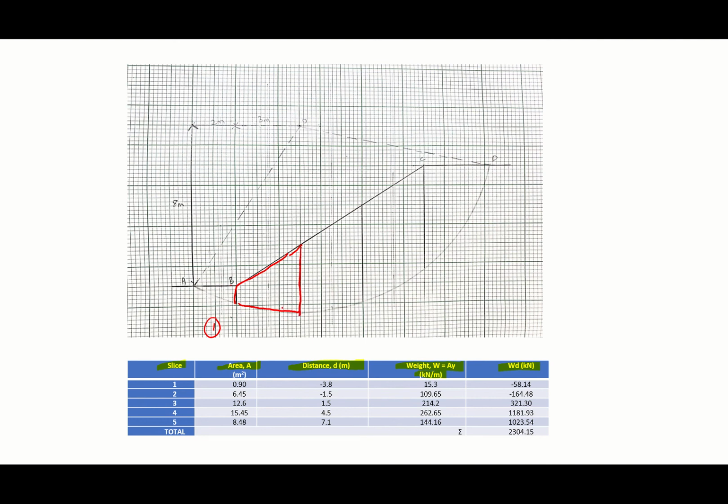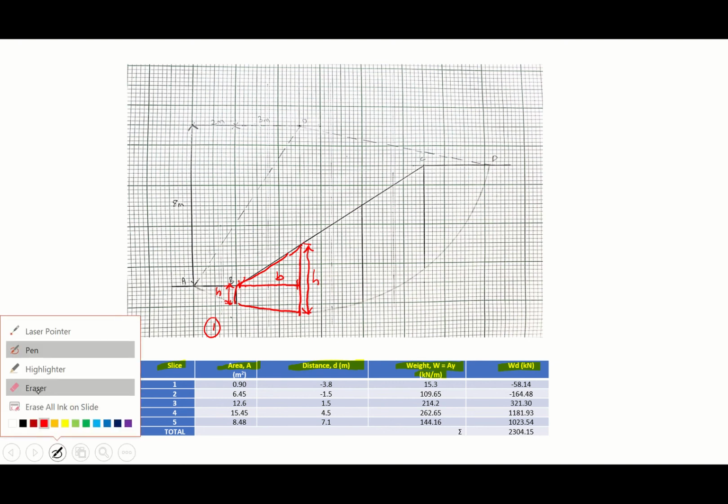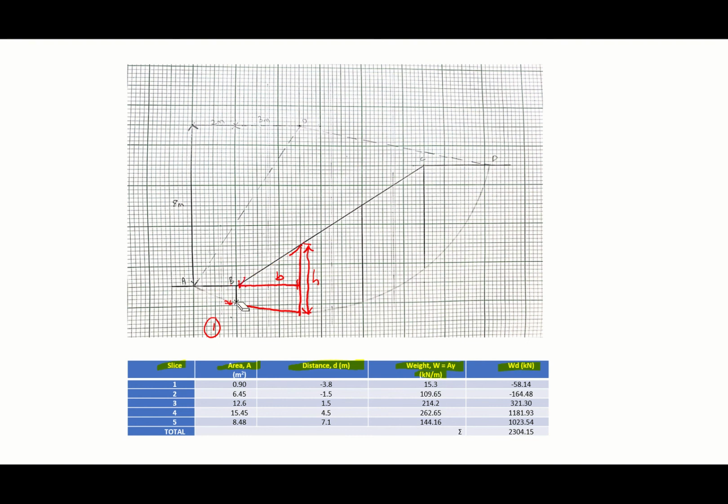So the equation of a trapezium is half B times (2H plus H). B will be the breadth of the trapezium, and then you have 2H, the long side, and then you have H for the shortest side. So that will be the equation for the trapezium. So for each of the slices, you need to get the value for its area.